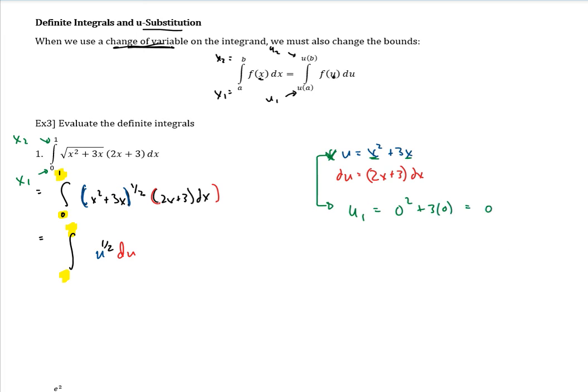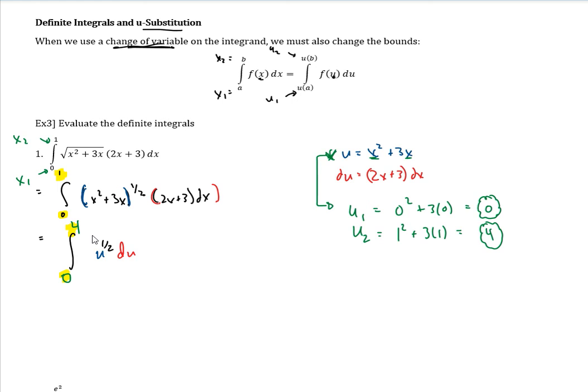So this happens to be the same number. Okay, so u1 is 0, so I'm going to put that right there. And then I want to find u2, u little 2. Okay, so I'm using my blue equation there, but I'm plugging in 1. So I've got 1 squared plus 3 times 1, and then that gives us 4. Okay, so this should be 4 right there.